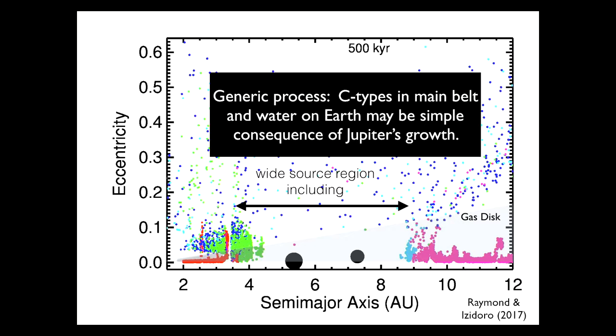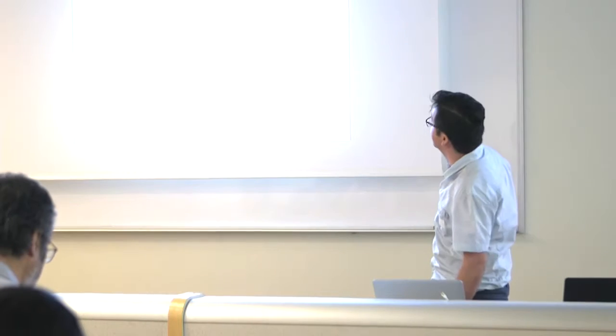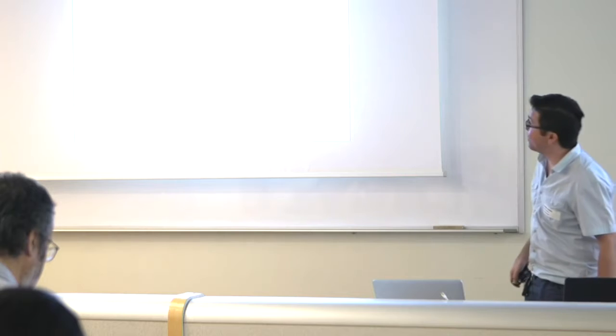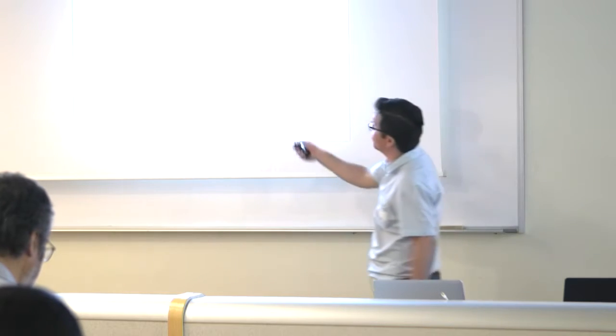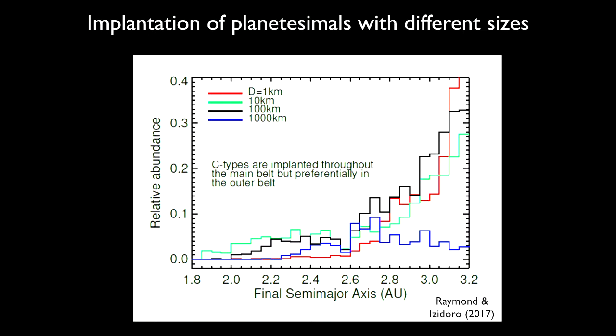This process of delivering C-type material from the gas giants region to the belt is generic. It should happen everywhere a giant planet forms, and it should play a very important role in the formation of the inner solar system. So if you compare the fraction, or the relative abundance, of material that can reach the asteroid belt as a function of the different sizes of planetesimals, why is this important?